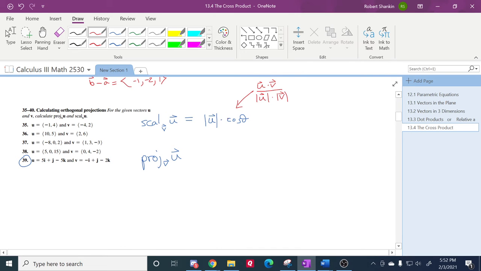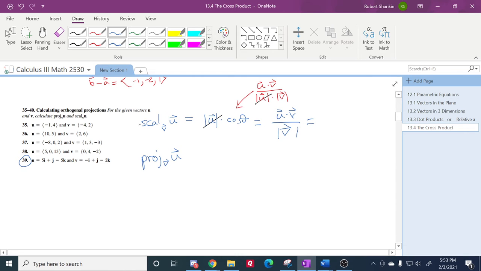And when we do that, this and this will wind up canceling out. So we will get u dot v over the magnitude of v.